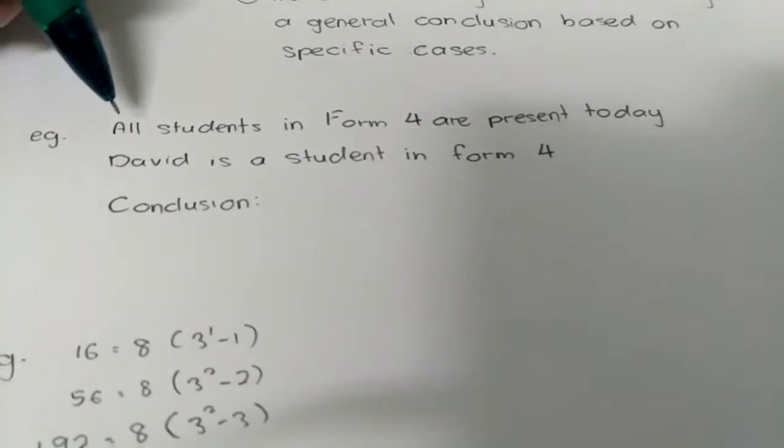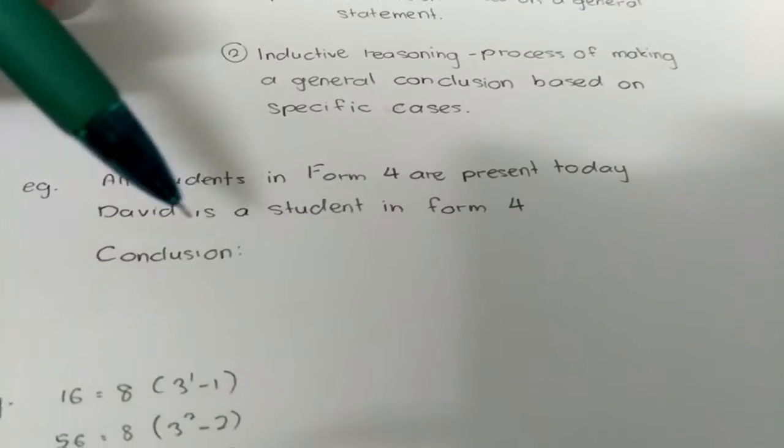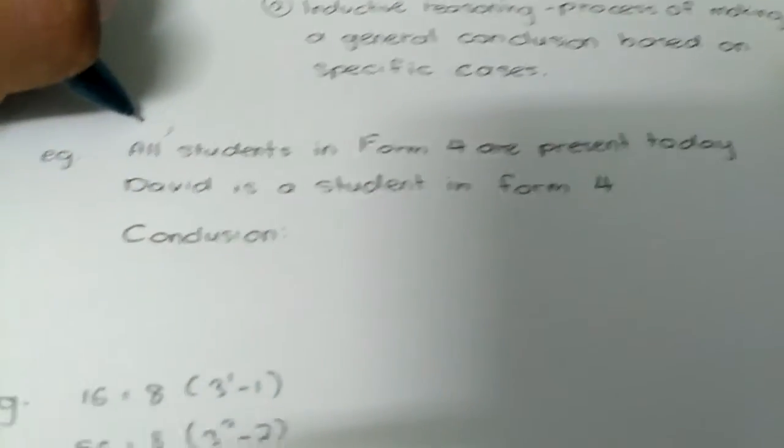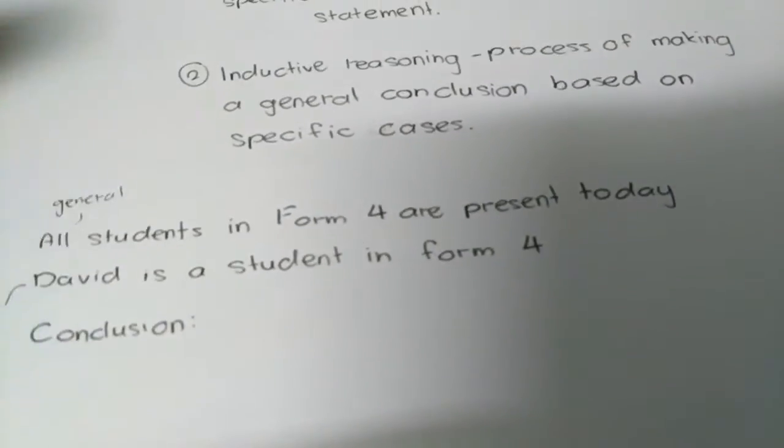Okay, first I want to give an example for deduction. The question that mostly comes out in examinations is: all students in Form 4 are present today. David is a student in Form 4, and the question wants you to make a conclusion. First of all, the first row is general, and the second row is specific.